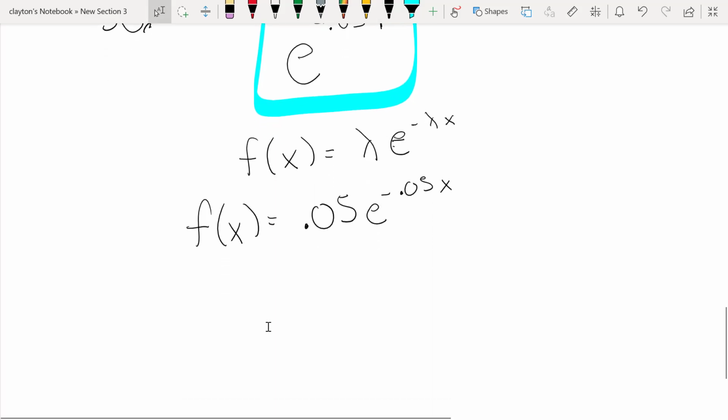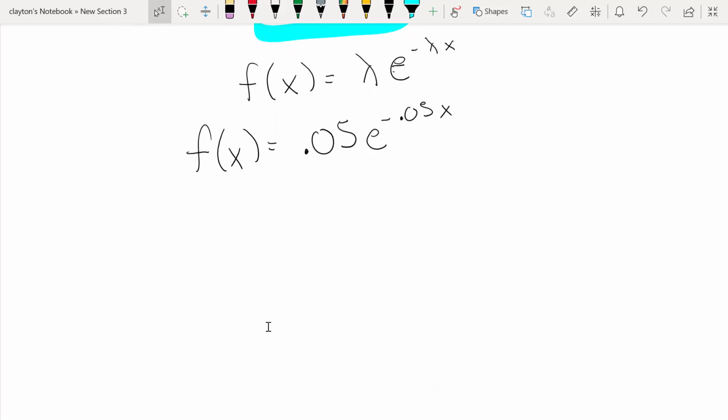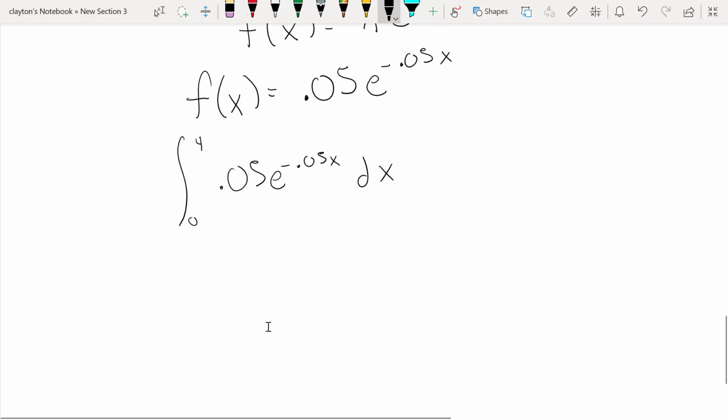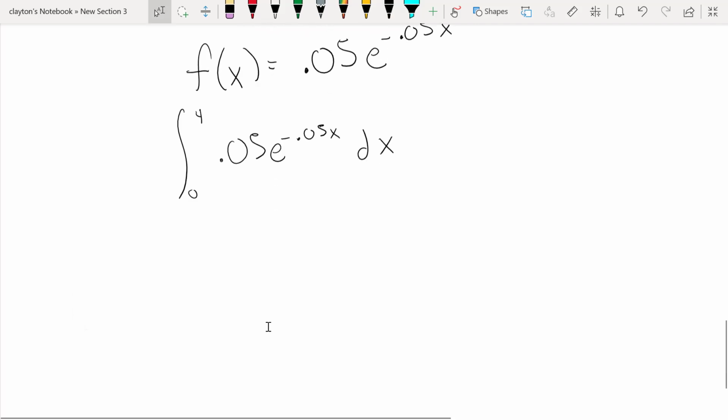And so now, if we want the first 4 years, we're looking at the integral between 0 and 4 of 0.05 e to the negative 0.05 x dx, and it actually works out really nicely, right? Because what happens here, if we did this by hand, we would see it.